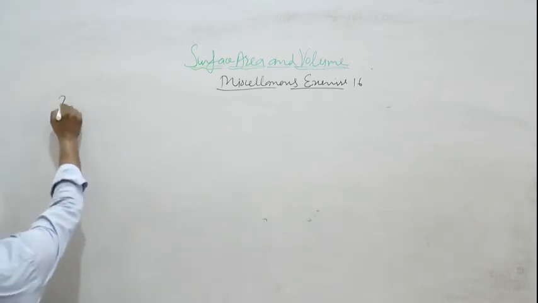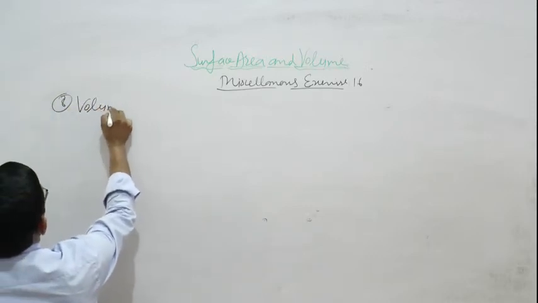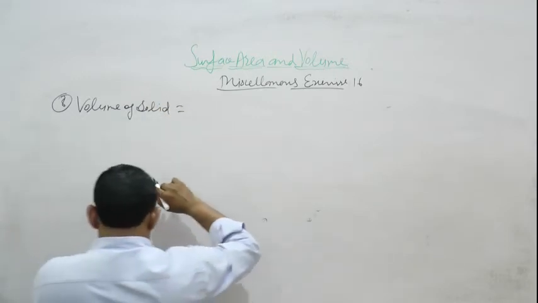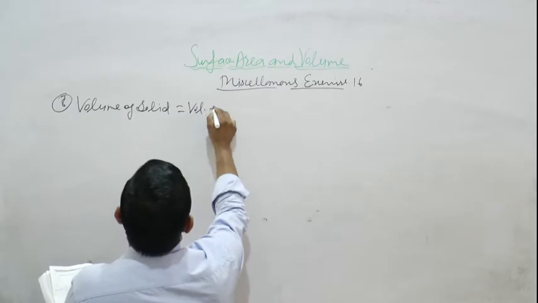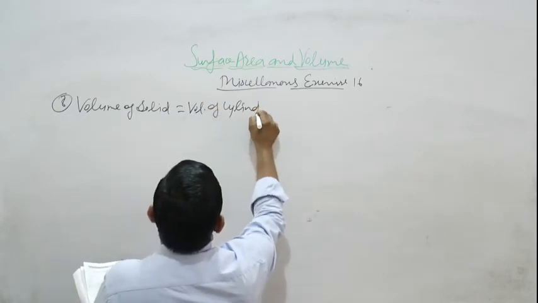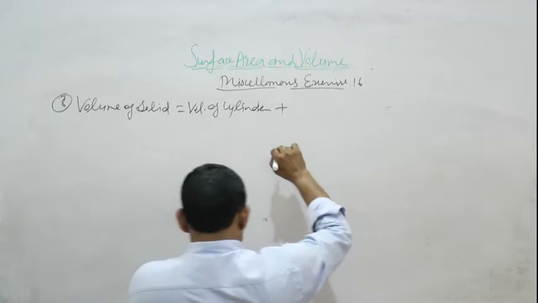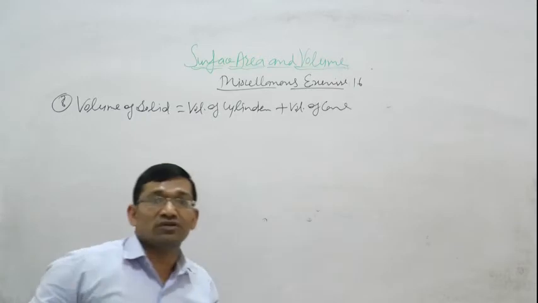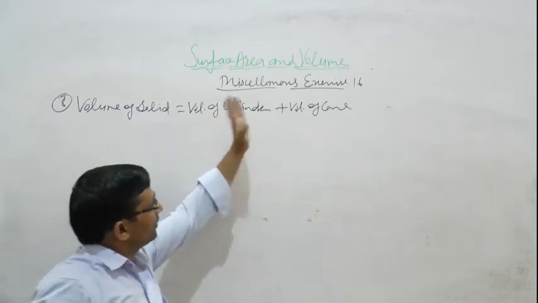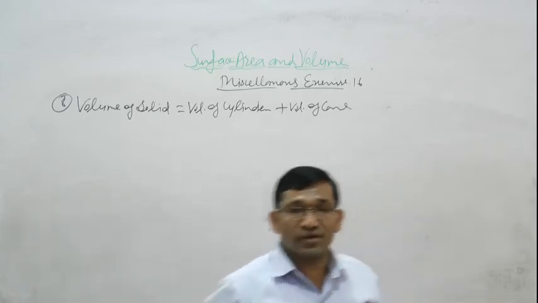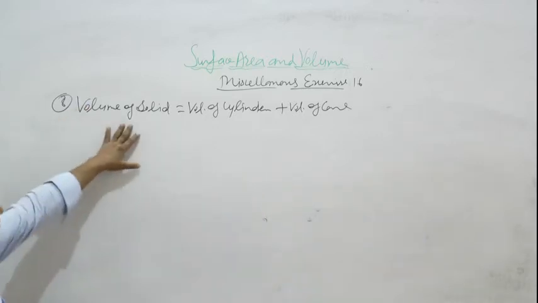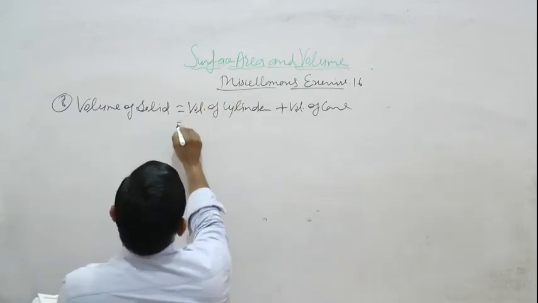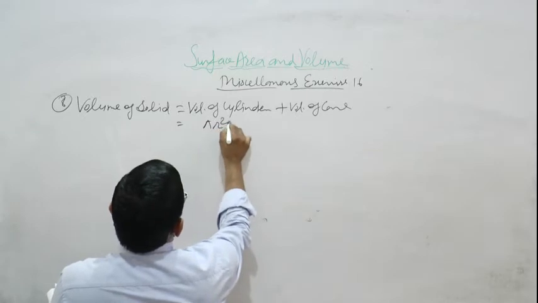So the volume of the solid is equal to the volume of the cylinder plus the volume of the cone, because the solid body has a cylinder on the left and a cone on the right. Volume of cylinder is pi r square h.